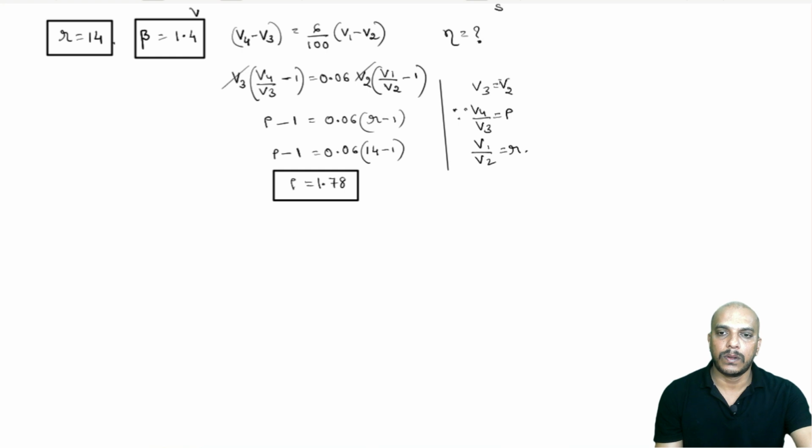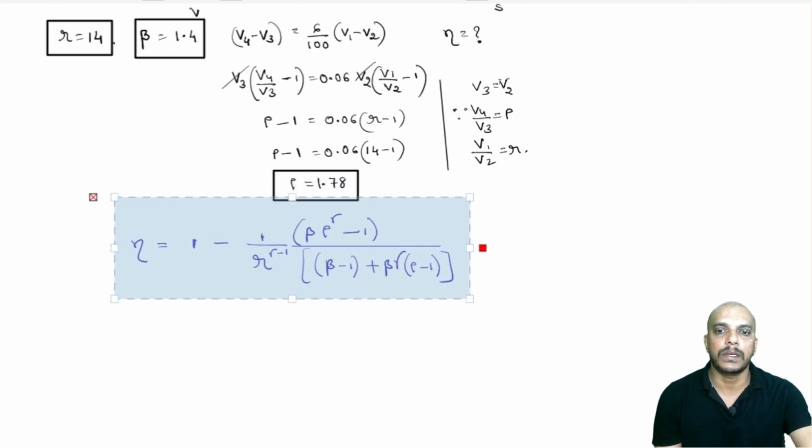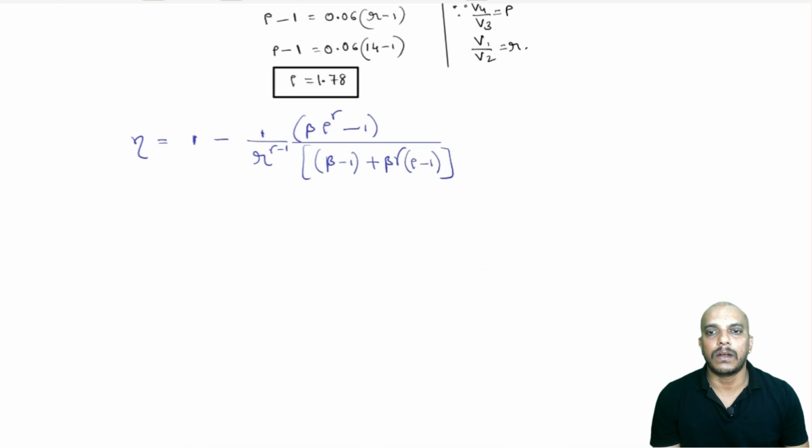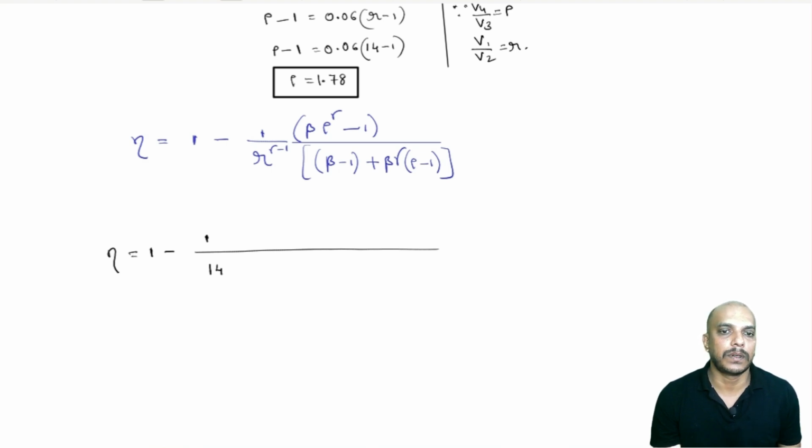Now, we know the efficiency equation for a dual cycle is given by this expression. Let us substitute everything here. Efficiency is equal to 1 minus 1 by R to the power gamma minus 1, that is 14 to the power gamma minus 1. Gamma for air is 1.4, so this will be 1.4 minus 1, which I can write as 0.4.